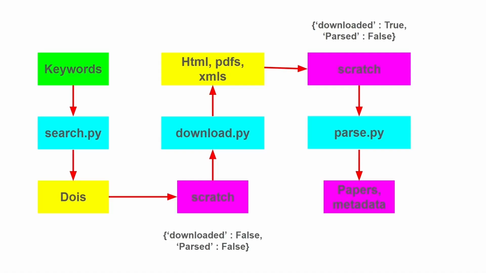Further, as you will see when we discuss different publishers, some publishers now don't allow us to directly scrape from their website. Instead, we give them a list of DOIs and they send us a bunch of HTMLs or XMLs from which we parse directly.